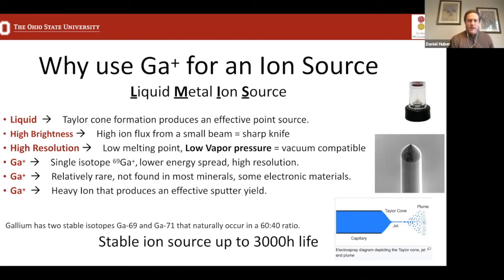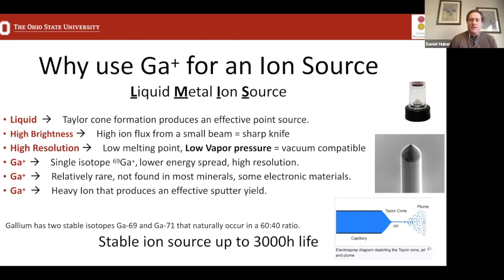Second point, gallium has a low melting point, but it also has a very low vapor pressure. And so that's going to allow us to have liquid metal in a vacuum, and that metal is not evaporating and filling the chamber. For instance, you could use mercury. Mercury's not very good for you, and it has a very high vapor pressure.